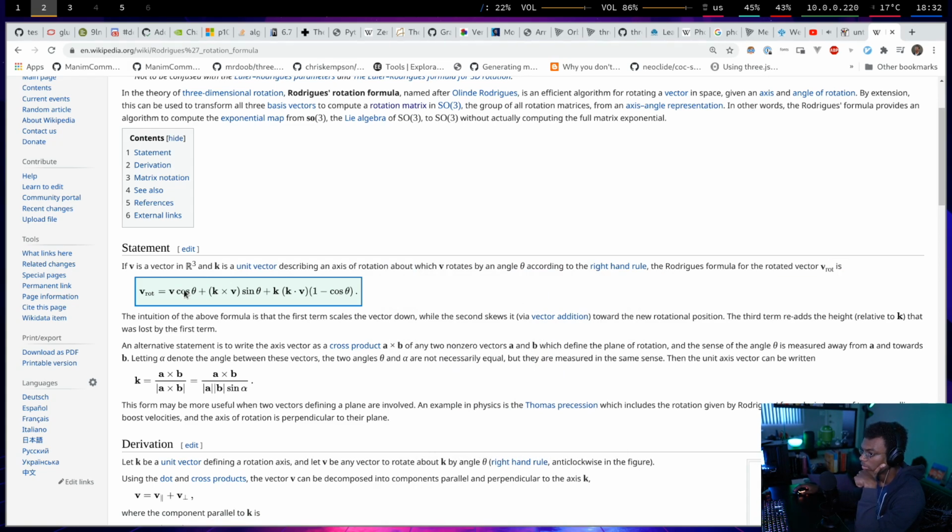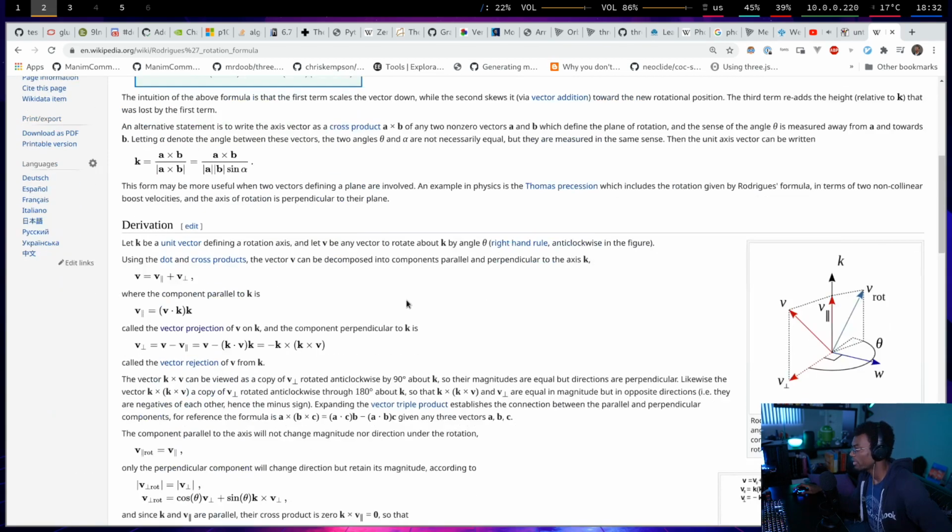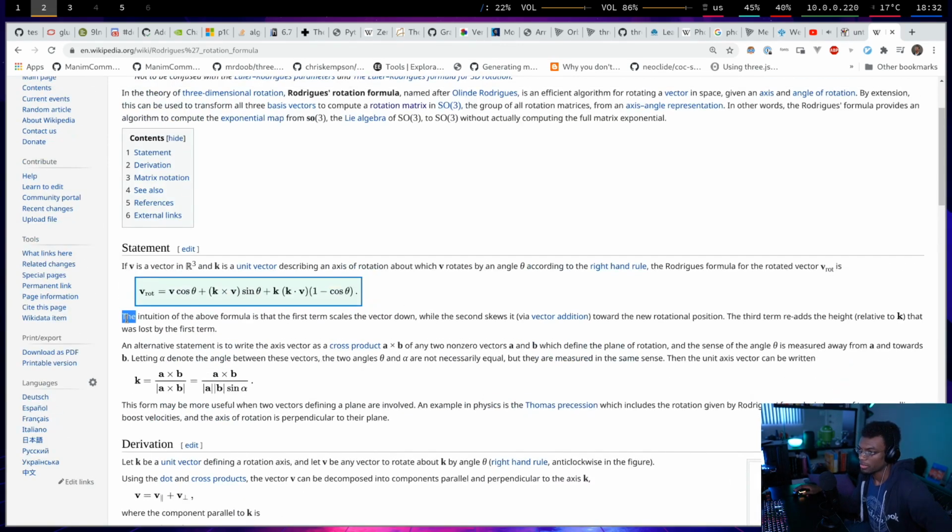The rotated vector is this. That's pretty useful. It looks really arbitrary though. Honestly, if I were to work out the algebra, this is probably the same thing I'm doing.